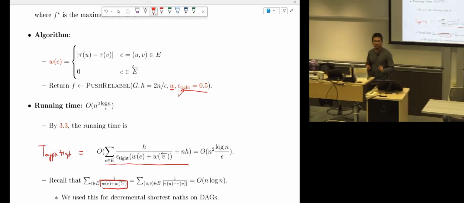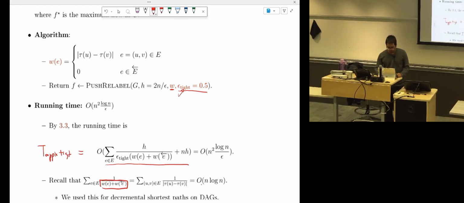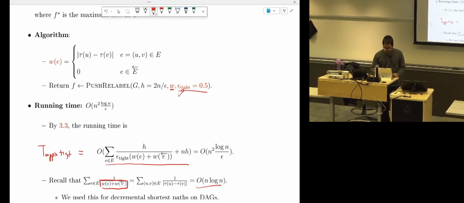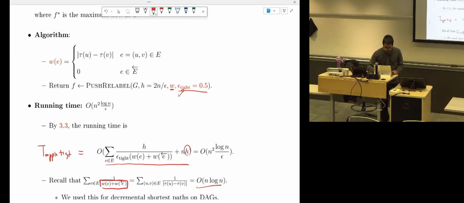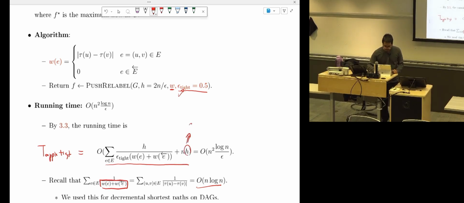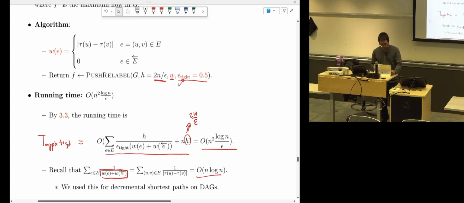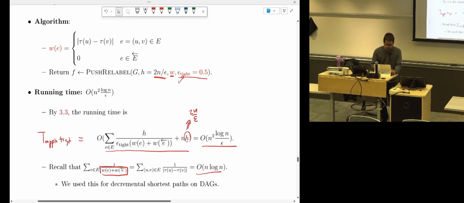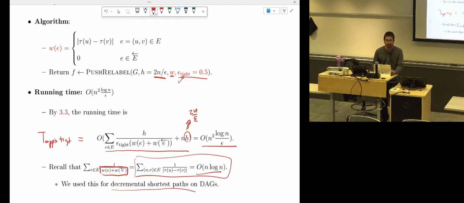I will not go over it. So this thing is n log n, and h is just something like 2n over epsilon. This is actually important. We set h to be 2n over epsilon. So this in total is this one. Yeah, we use this fact here. If you recall, we used this in decremental shortest path before.